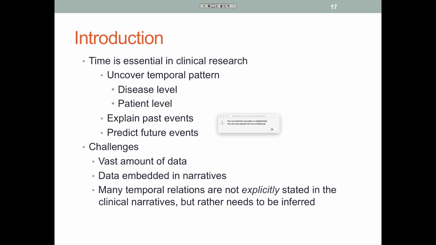On the individual patient level, if we can put important clinical events on a timeline, it can help a physician or clinician understand a patient's medical history better, or at least faster.